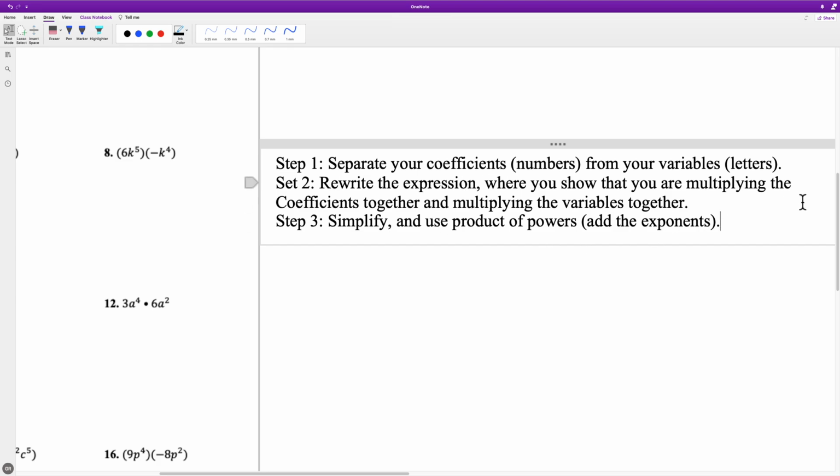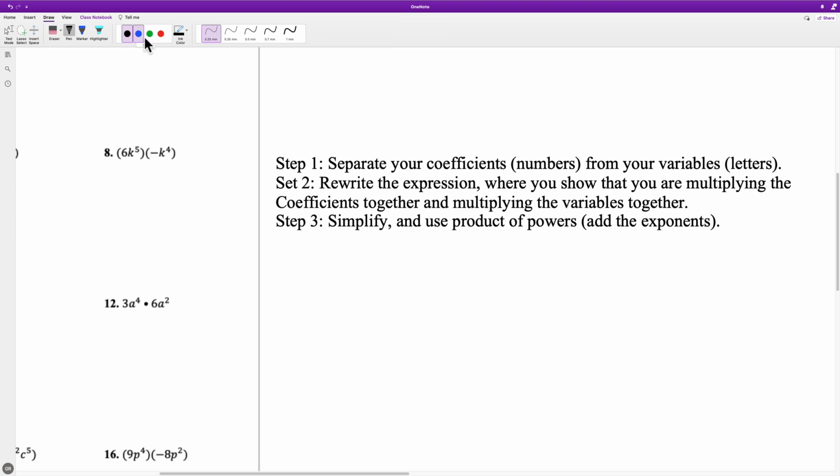So for example, let me go ahead and do a problem here. Say we have a problem that says 3x squared times 5x to the fifth. So step one, we're going to separate.